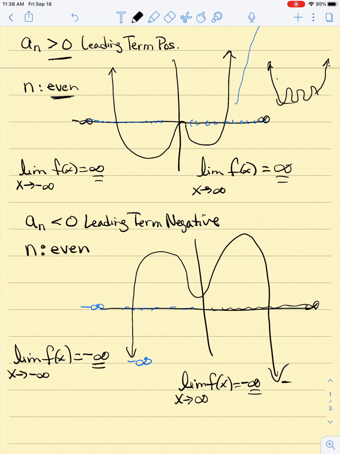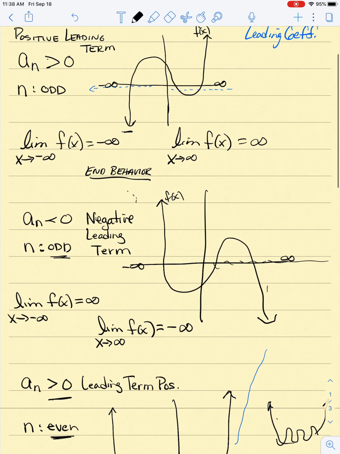So you notice that when you have even degree, our limit statements are going to be the same. Either you're going up, up, so like here and here, up, up, or down, down, like over here. If I scroll back up here to talk about the odds, if our degrees are odd, then you notice the limit statements are going to be opposite with one another.